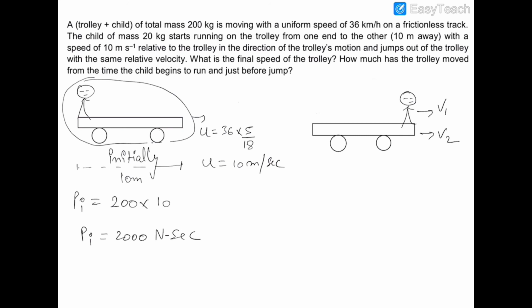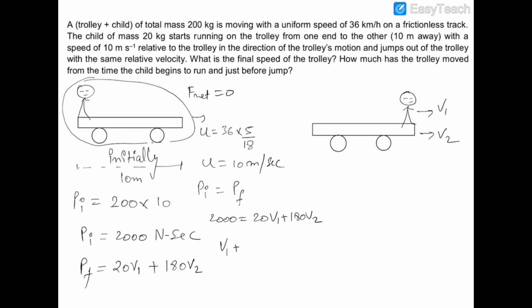So the final momentum P final will be 20 v1, which is the momentum of the kid, plus 180 v2, which is the momentum of the trolley. So equating the initial momentum to the final momentum, because the net force acting on this system is 0, we can say that 2000 is equal to 20 v1 plus 180 v2. Okay, so v1 plus 9 v2 is equal to 100, and this is the first equation.